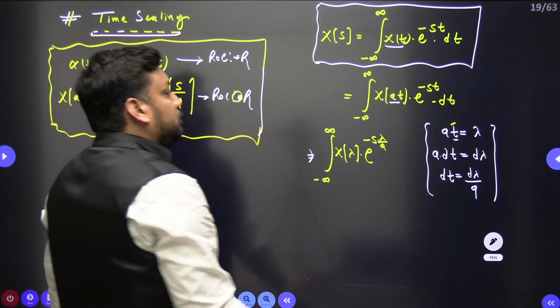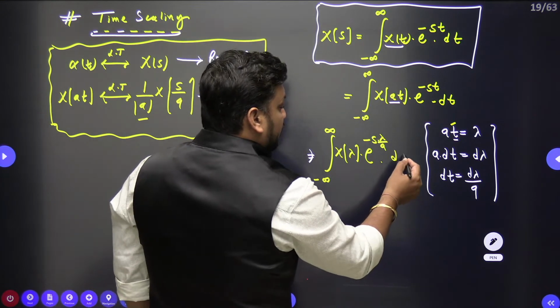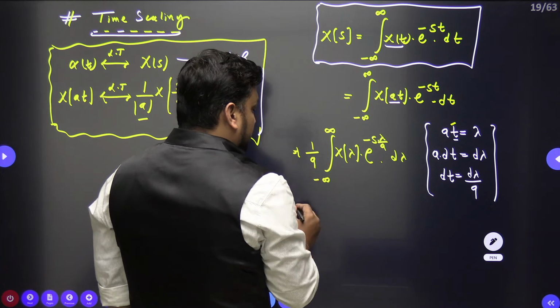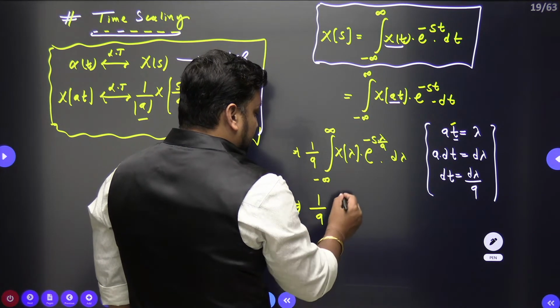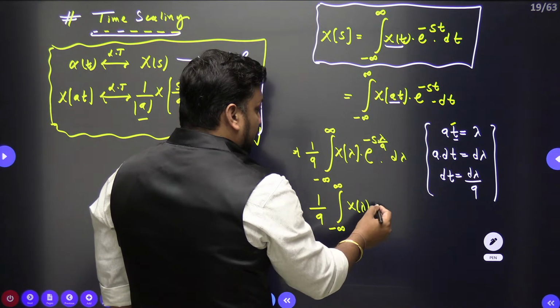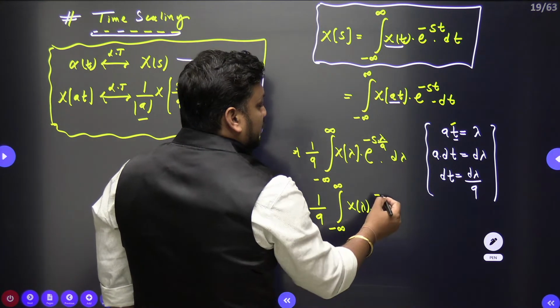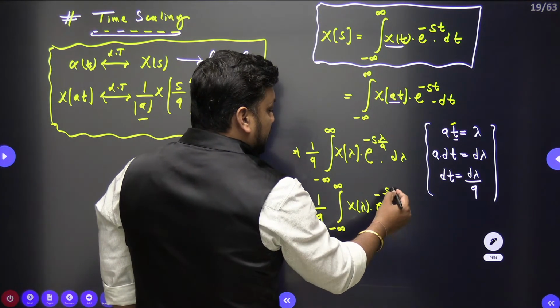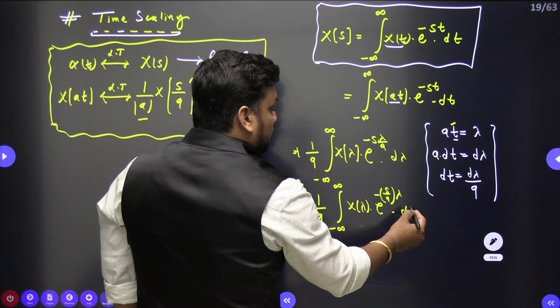Is this clear or not, beta? And dt is d lambda by a. So I can write integral from minus infinity to infinity x(lambda) e to the power minus (s by a) lambda, into d lambda by a.